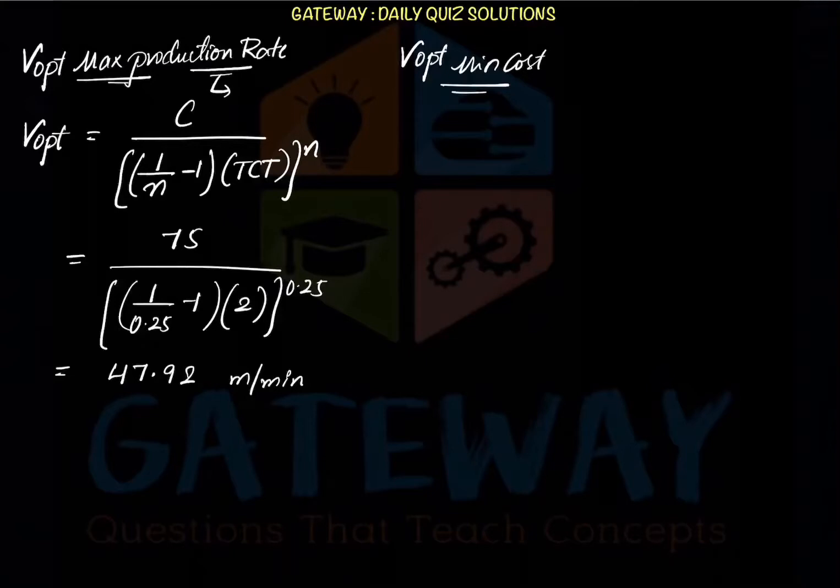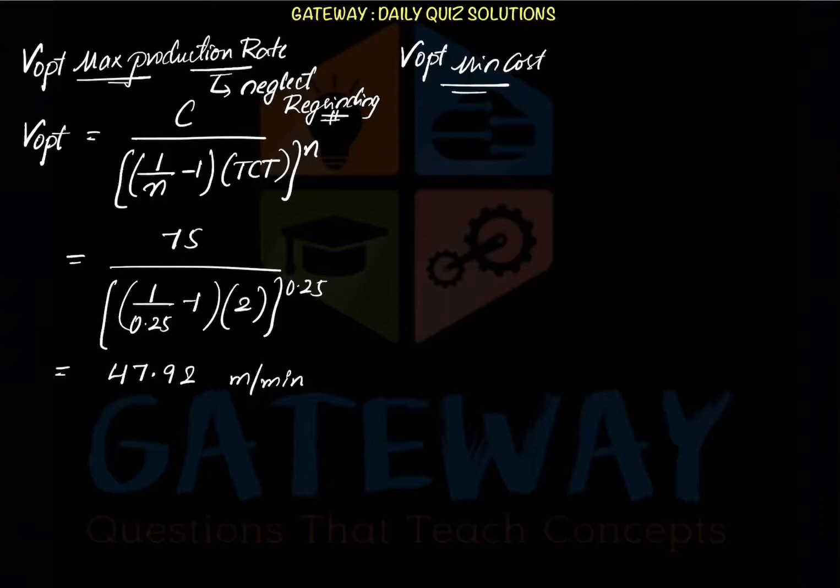And you need a separate operator to perform the function. Suppose in an hour the tool fails 4 times, then 4 times you need to regrind it. Instead of regrinding, using a new tool helps in increasing the productivity. So in the maximum production rate, we will neglect regrinding.